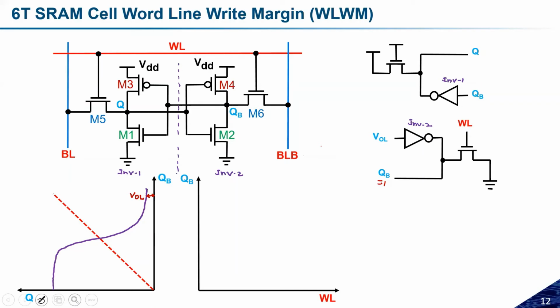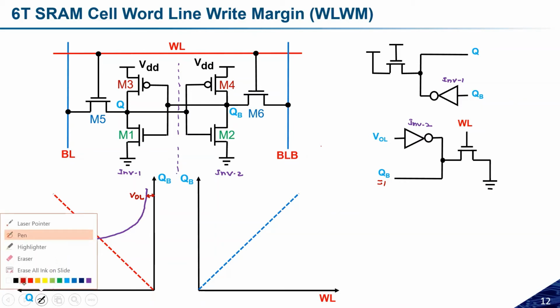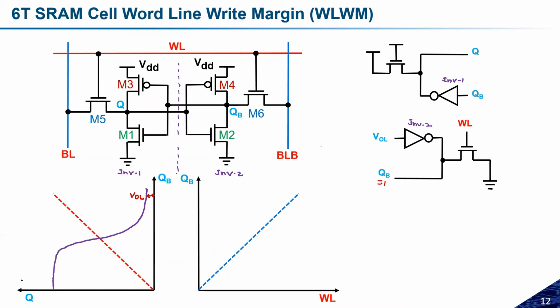So let us try to change it, because I am changing this WL, the word line, and initially QB was high over here. Let me try to draw the diagram for that. Initially it will be high, and that will change somewhere here, something like that.